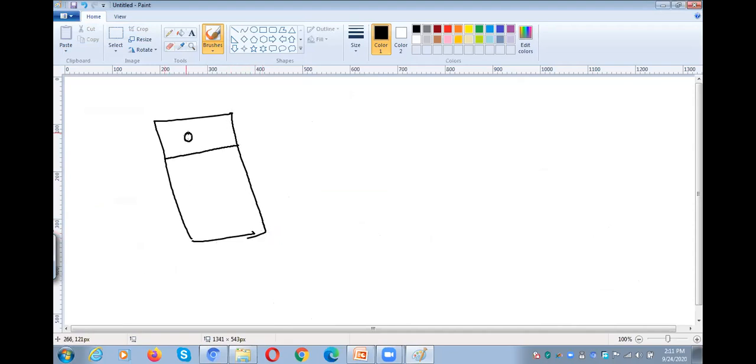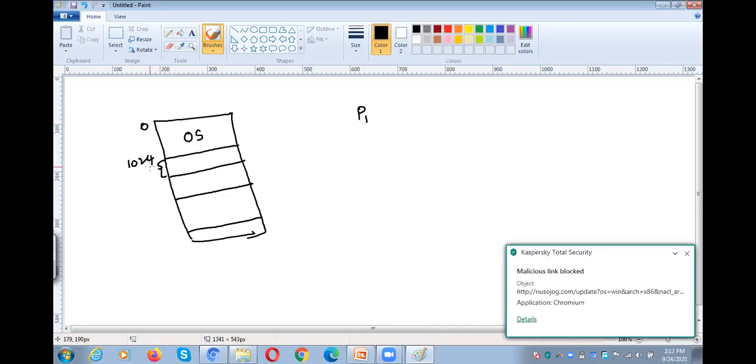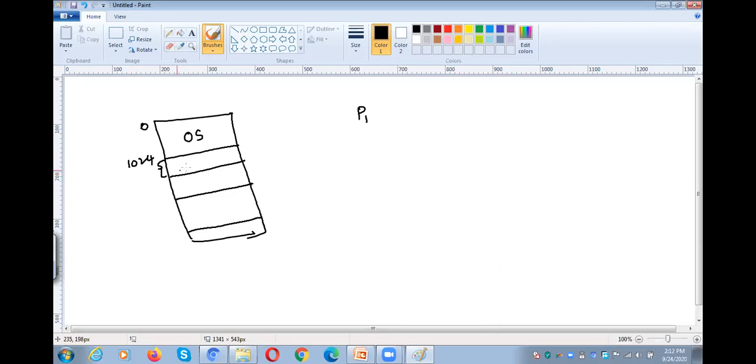This is the operating system and these are the partitions, unequal sized partitions. Now we would like to keep a process into main memory, so we need to allocate memory to the process P1. The operating system starts at 0 and goes up to 1024. Next we have four partitions available.